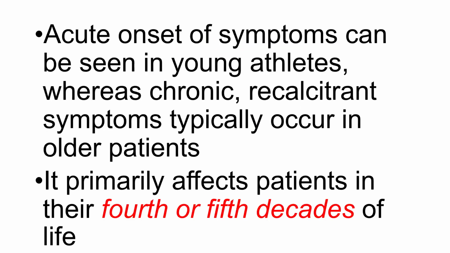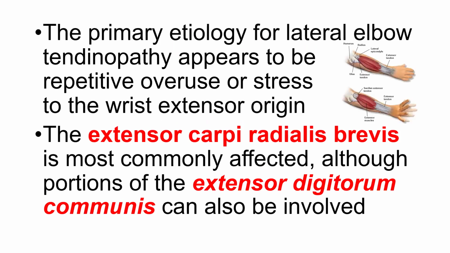Acute onset of symptoms can be seen in young athletes, whereas chronic recalcitrant symptoms typically occur in older patients. It primarily affects patients in their fourth or fifth decades of life. The primary etiology for lateral elbow tendinopathy appears to be repetitive overuse or stress to the wrist extensor origin.